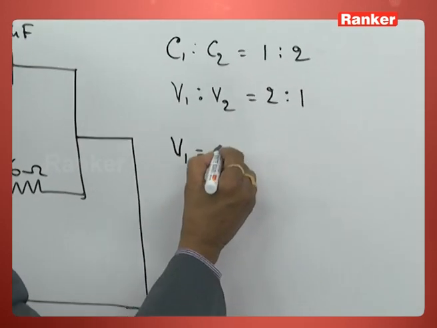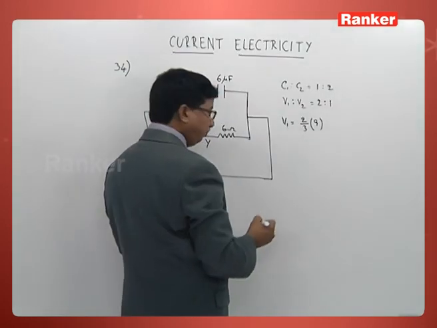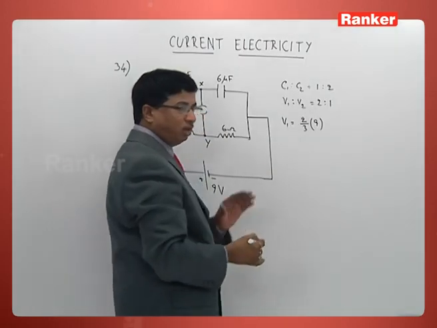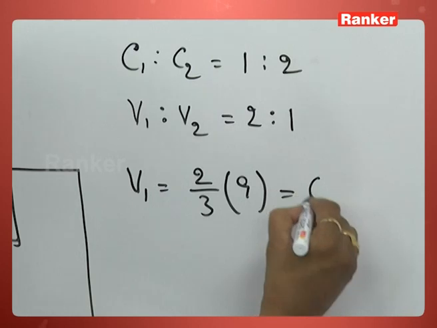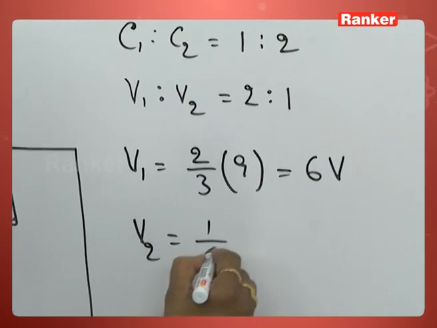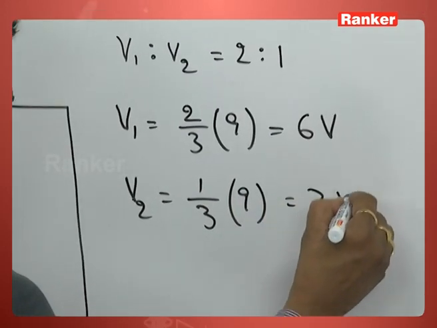V1 must now be equal to 2/3 of 9 volt. Why 2/3? We can understand total 3 parts, out of which 2 are given to that. So 2/3 of 9 is now going to be 6 volt. Likewise, V2 now becomes 1/3 of 9. That again is 3 volt.